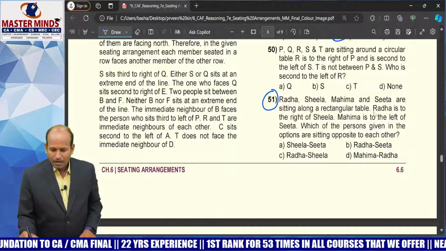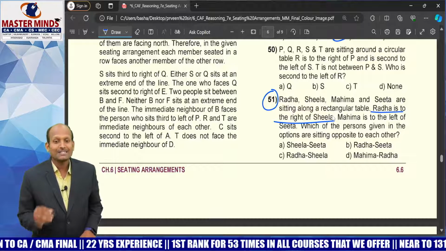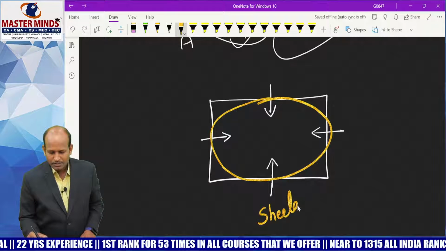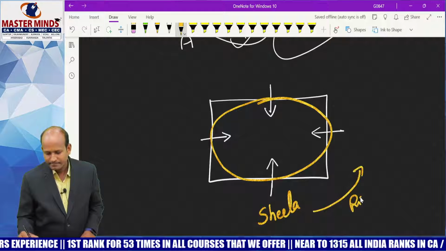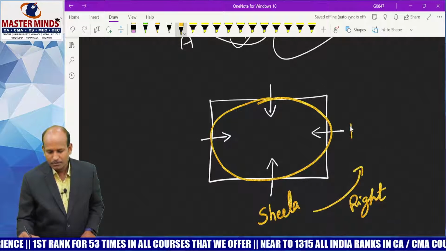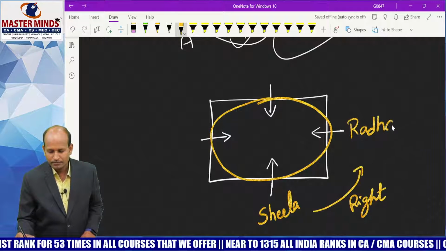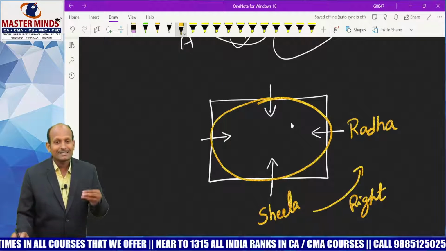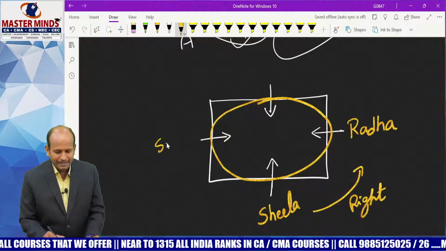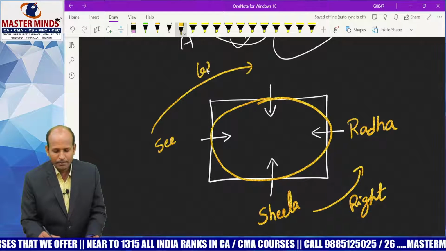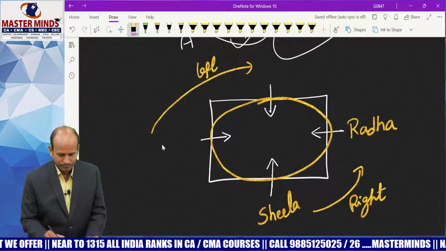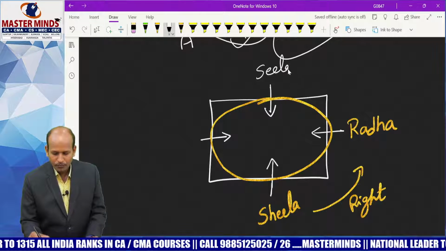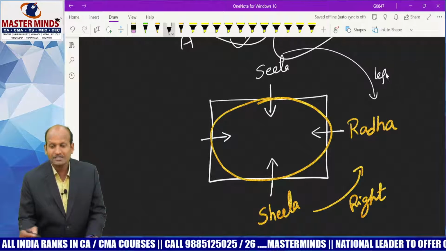First one, Radha is to the right of Sheila. Sheila's right side is Radha. Suppose it is Sheila, on the right side, this place belongs to Radha. Next, Mahima is to the left of Sita. Sita's left is Mahima. If it is Sita here, left Mahima is possible. If it is Sita here, left Mahima is not possible.